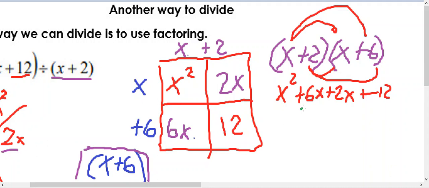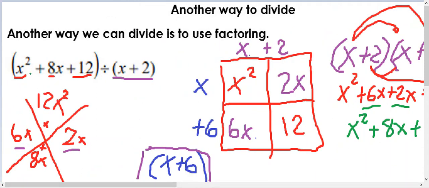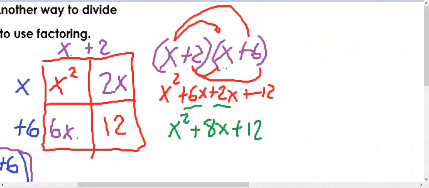And remember, our like terms are always in the middle when you do FOIL. So it would be x squared plus 8x plus 12. So let's see, is that our original answer? Hey, that's our original answer, x squared plus 8x plus 12. So I know that this x plus 6 is the correct answer.